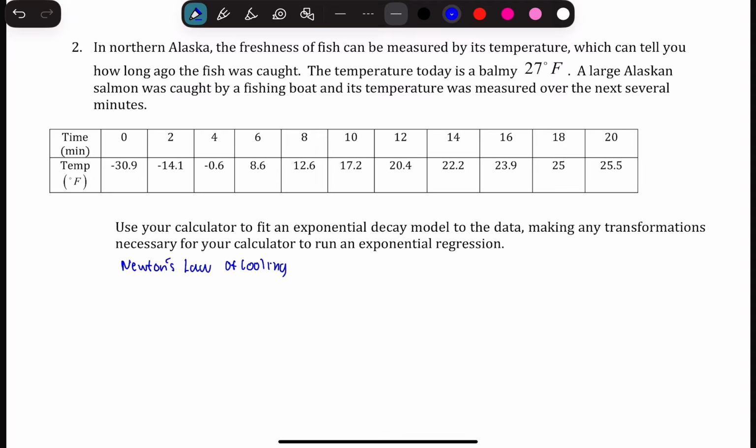And this basically is the expression: temperature with the input of t is equal to T_E, the temperature of the environment, plus T initial minus the temperature of the environment, times e to the power of negative kt.